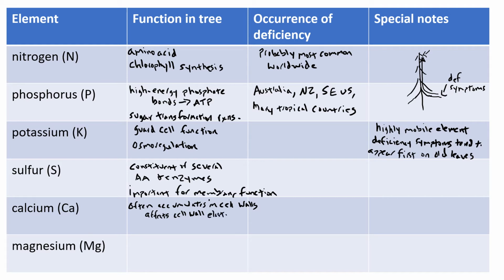So when cells are expanding, and those signals occur which increase the elasticity of the walls so the cell can expand, calcium is involved in that. In addition, this is probably also related to cell wall, calcium deficiency affects fruit storage.